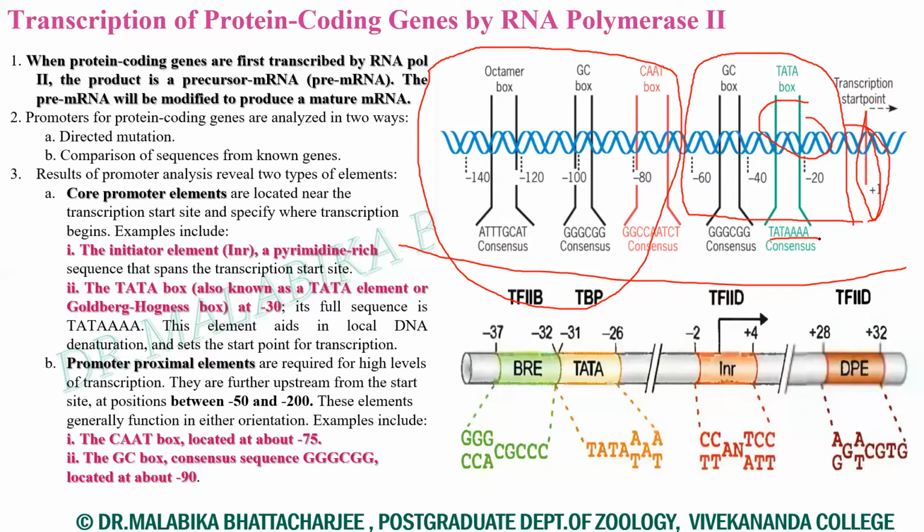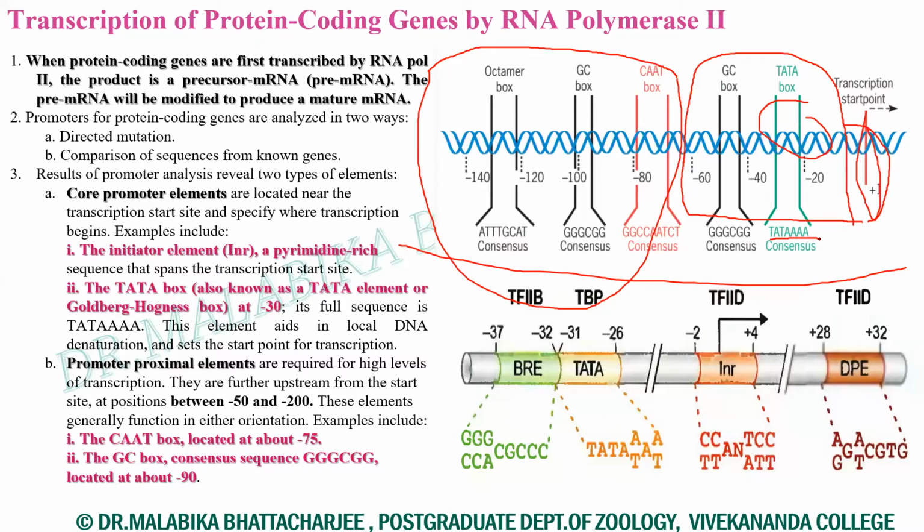This is the famous eukaryotic consensus sequence, known as the TATA box or the Goldberg-Hogness box, after its discoverers. So the core promoter includes the +1 initiator transcription site and the sequence upstream around the -30 region, which is the TATAAA consensus sequence, popularly known as the TATA box or the Goldberg-Hogness box.